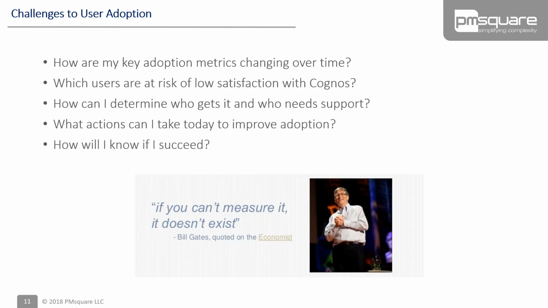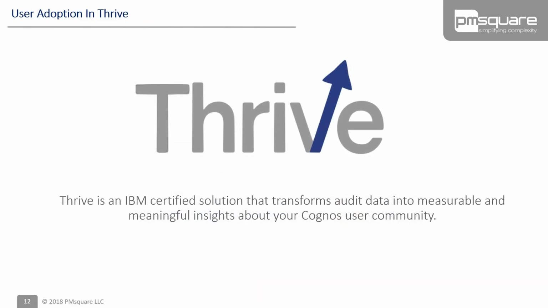But there's a whole world of user activity going on that, unless you have some insight into the actual data that Cognos provides about what users are doing, you're going to miss. And that's what Thrive is really all about. Thrive is an IBM certified solution. It's part of IBM's software catalog of Cognos extensions.